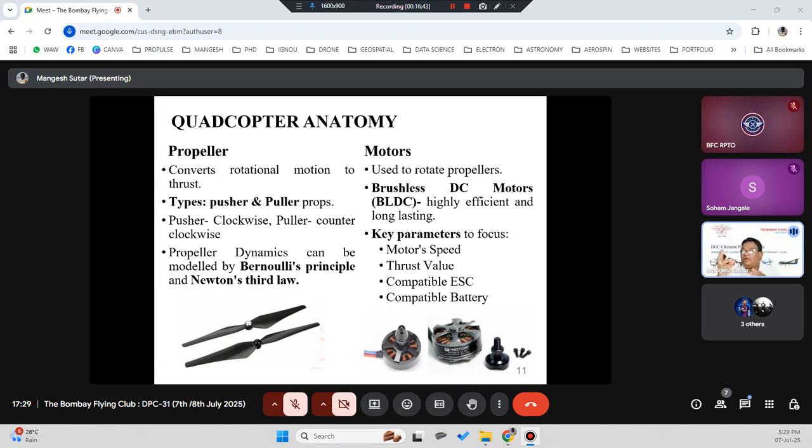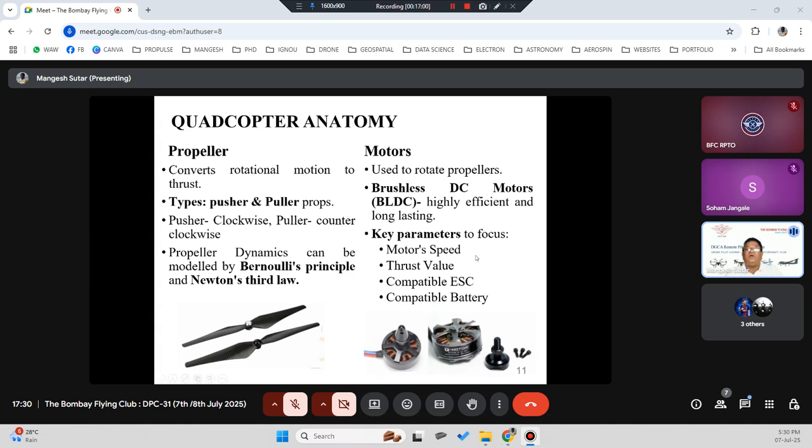Here your armature is fixed, and your outer rim where the magnets are is moving. There is no movement of electrical coils; it's actually the magnets which are moving around the coil.